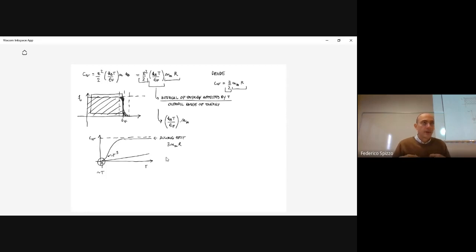So from that point on, you completely lose the sensitivity to detect the contribution of the electrons, and you just appreciate the contribution of something else that for the moment we have not evaluated, which gives you this dependence that approaches the Dulong-Petit value at high temperature.